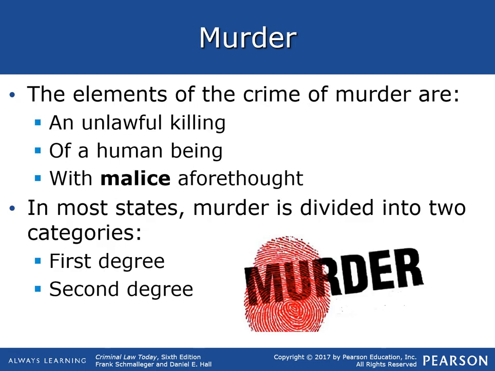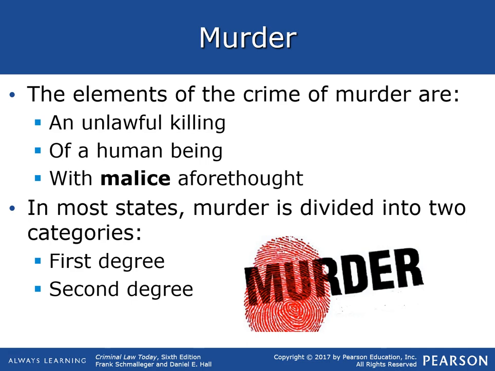So now let's look under the umbrella, at least in California. Remember, the umbrella is homicide, and under that are these other aspects, and murder is one of those. We're going to talk about it now. Murder is the first of three types of criminal homicide.